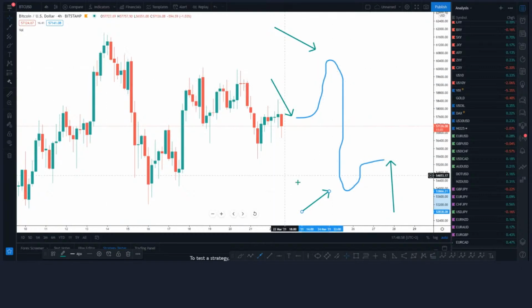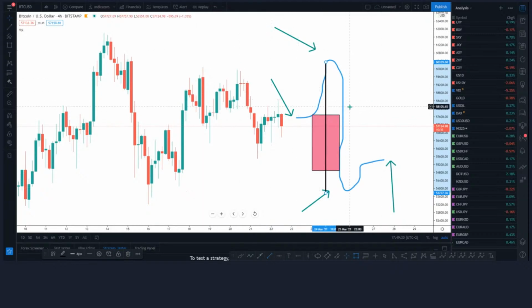What's inside is called the body of the candle. They make a box, and between the low and the high they just put a line in the middle like this. It gives you the low and the high of the candle. So you get an idea about the candlestick pattern. Super easy, not complicated at all.